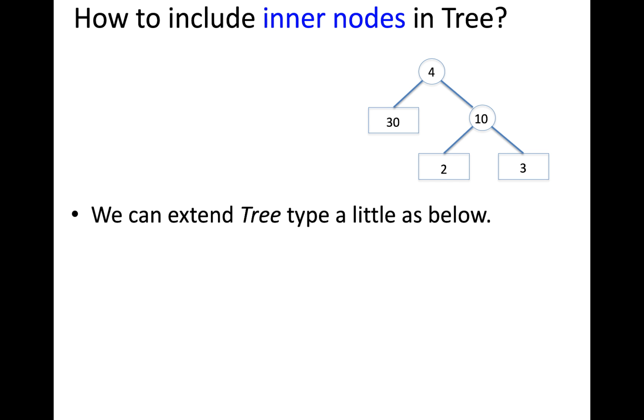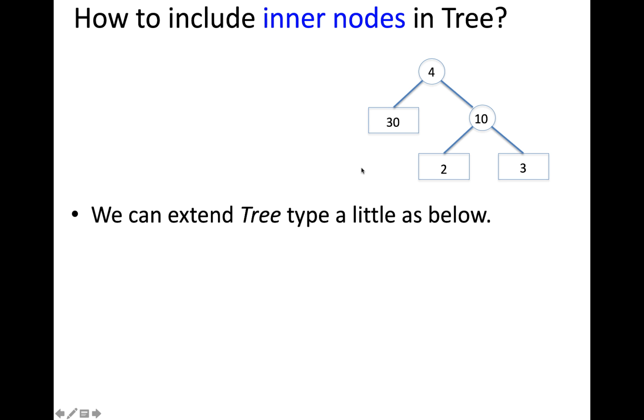Now so far in our discussion, we only focused on leaves. We did not consider any inner node in the tree. But in some applications it may be necessary to consider inner nodes. So here there is a tree where leaves are square nodes and inner nodes are circles.